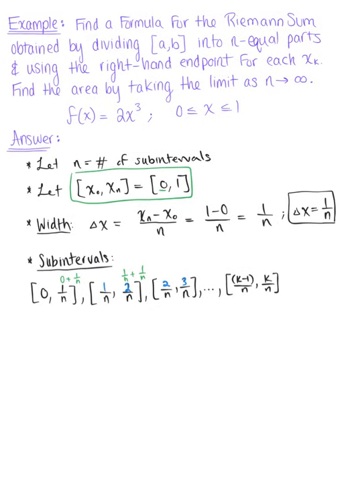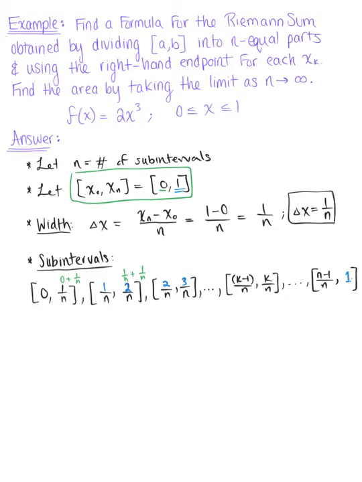And we continue all the way to the very end where we have n minus 1 over n to n over n, which we of course realize simplifies to 1, which is what we were hoping to find, right? This confirms the right-hand endpoint of our given interval.